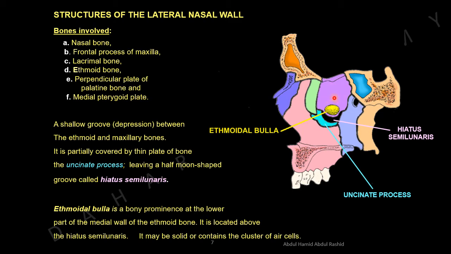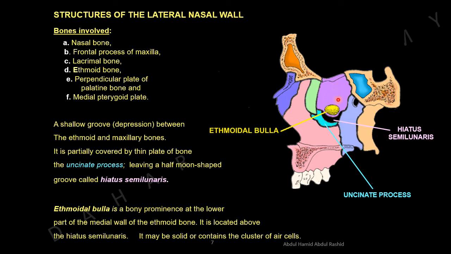This is ethmoid bone and this is maxillary bone. Between these two, there is a shallow gap, which is partially closed by thin plate of bone called uncinate process, which leaves a shallow semilunar shaped gap here called hiatus semilunaris.